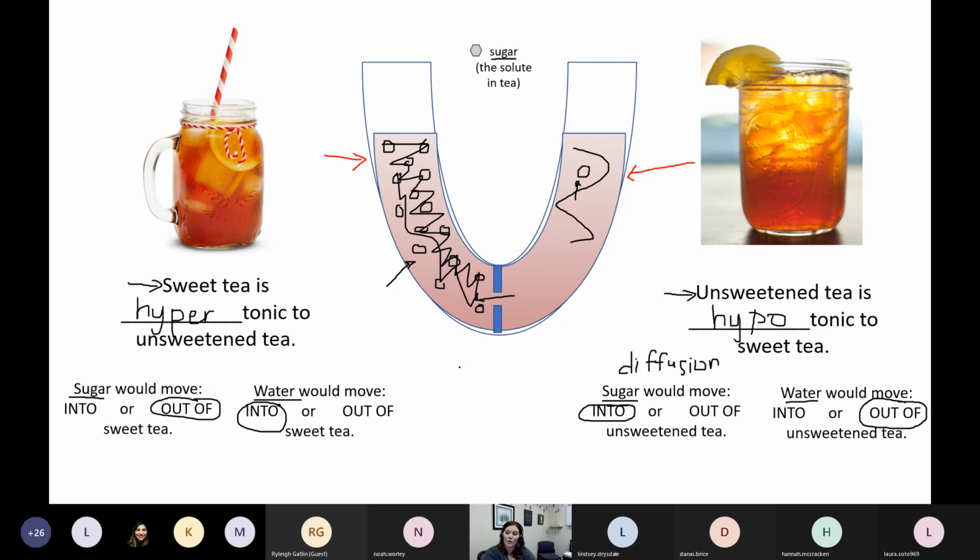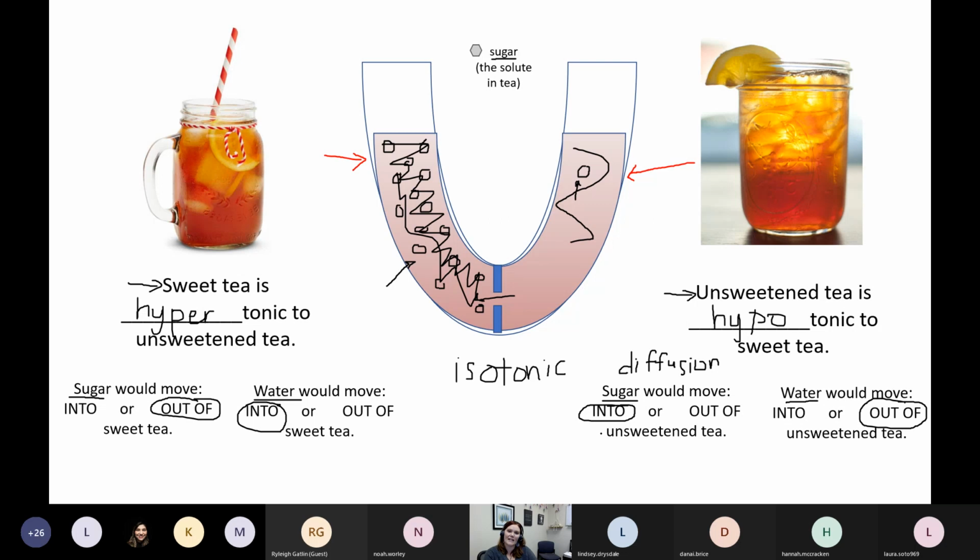If we let diffusion and osmosis do their work, if we let the sugar move, or if we let the water move, we would end up with some really nasty isotonic tea that neither my sweet tea drinkers nor my unsweetened tea drinkers would want, right?